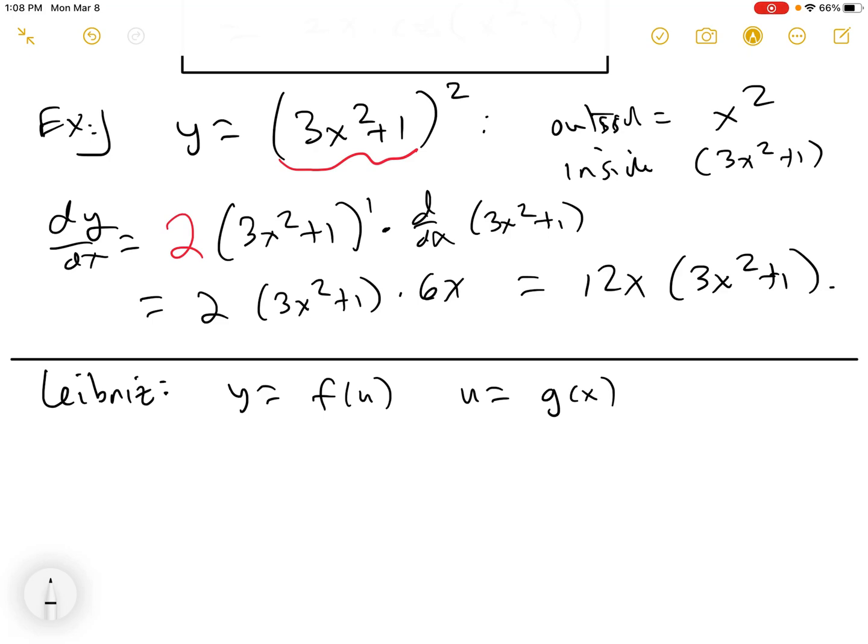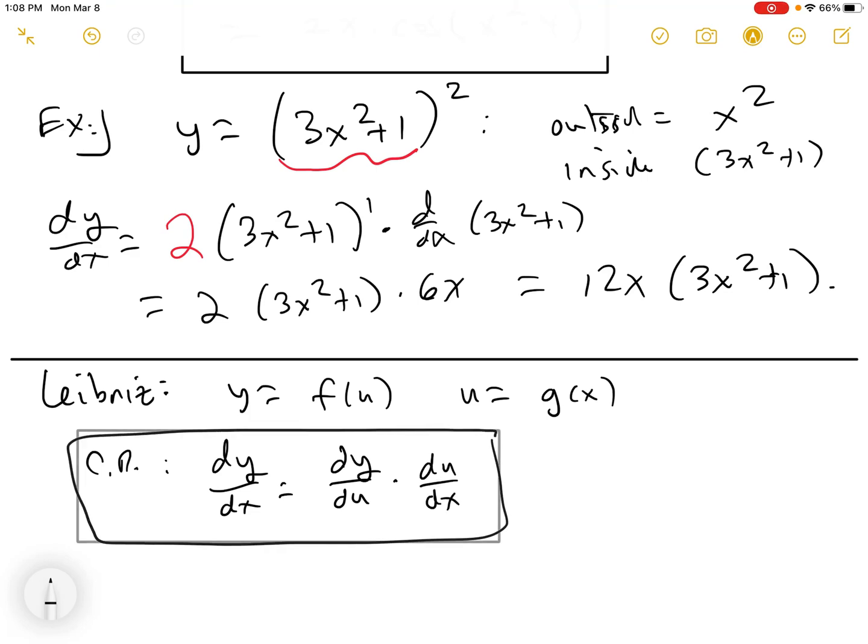And then the chain rule says the derivative of y with respect to x is the derivative of y with respect to u times the derivative of u with respect to x. And this is the chain rule that we use when we're doing related rates, which are coming up, and they are incredibly challenging. But if you understand how these derivatives work, then it makes life much easier.